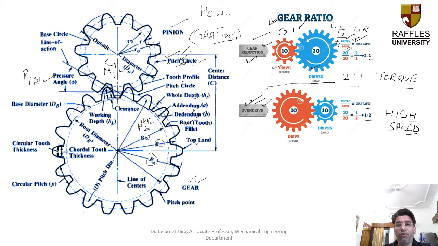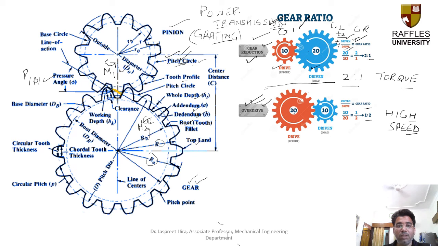So for power transmission to be maximum, always remember, students, there should be a line of action and a pitch circle meeting at the point of the line of action. So this is the line of action, and I'll color this particular point.